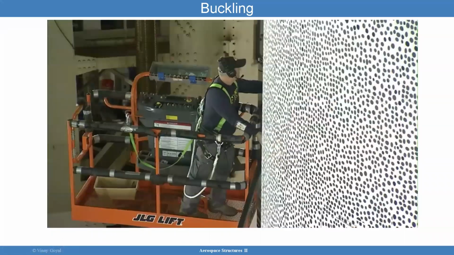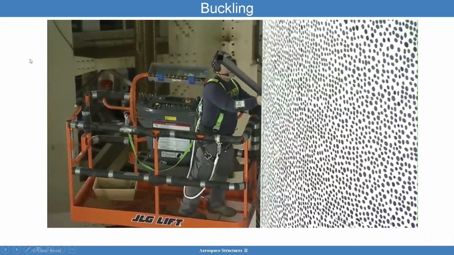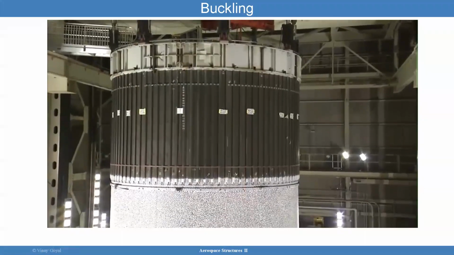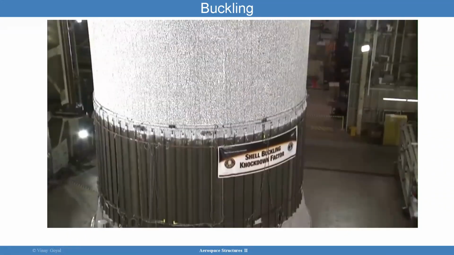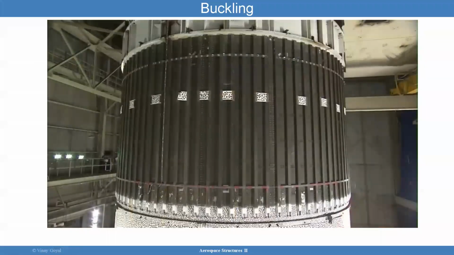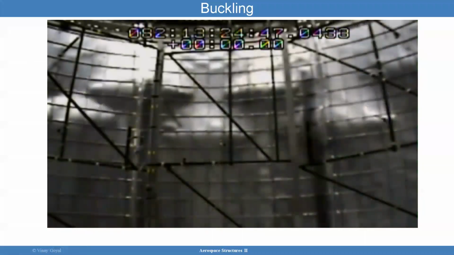The black and white polka dot pattern you see on the outside of the test article is used in a system called digital image correlation. And what that system does is we have a series of 22 cameras surrounding this test article, and it's monitoring during the test minute movements of these dots. And from that, calculating the displacements of the test article.